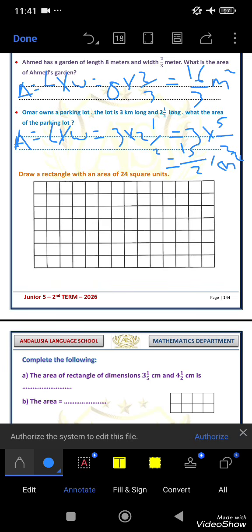Draw any one of them. I will make 6 and 4. Okay, let's draw. 1, 2, 3, 4, 5, 6 and go down. How many? 4. Okay, I finished.